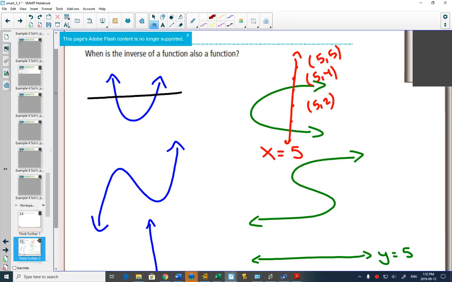And so when is the inverse of a function also a function?